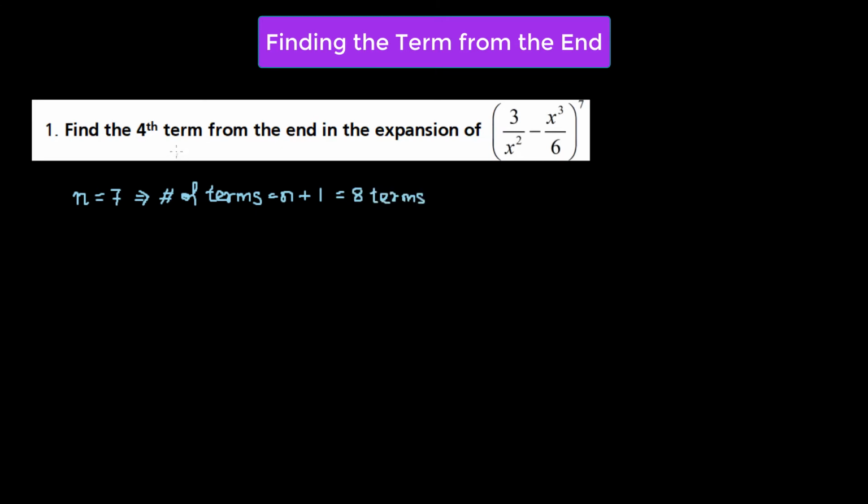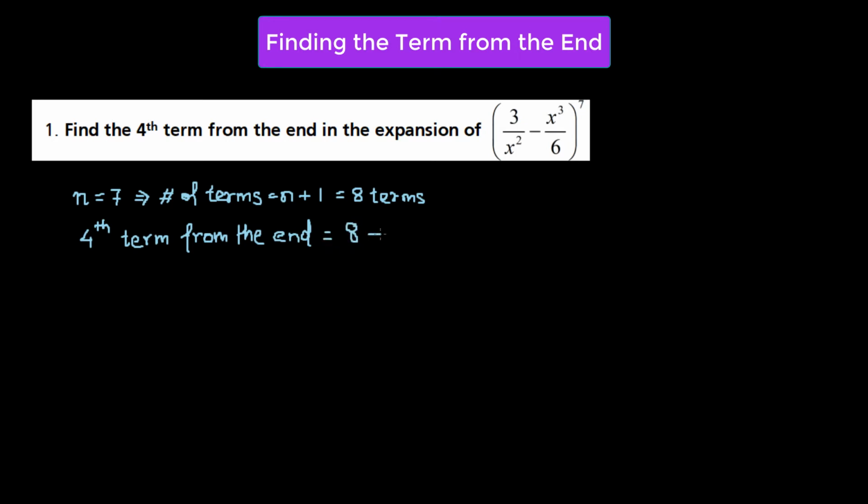Now to find the fourth term from the end, we can instead find the term from the beginning. So we can rewrite the fourth term from the end as the number of terms, which is 8.